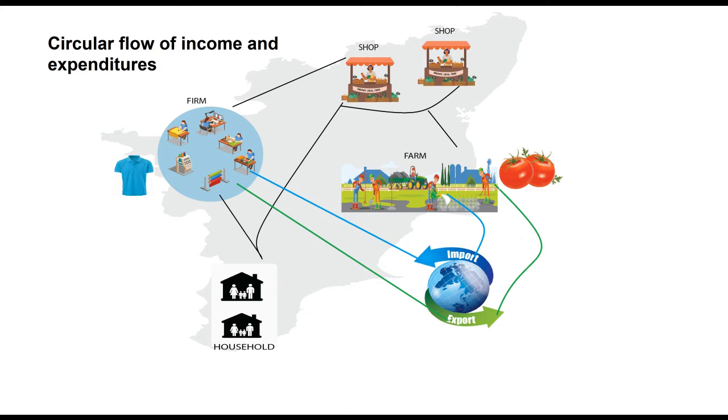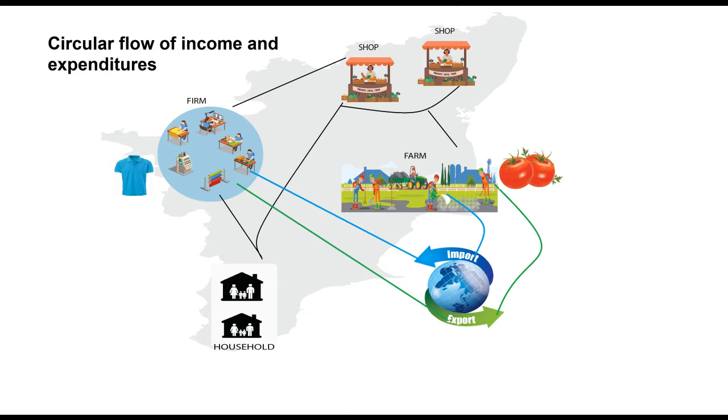The reason I am showing this example is to understand in a simple way how each family or company contributes to our GDP. In all these examples, if a family is earning something like salaries, that means there is an income coming in, and they go to the shop and buy items for daily food and other things.